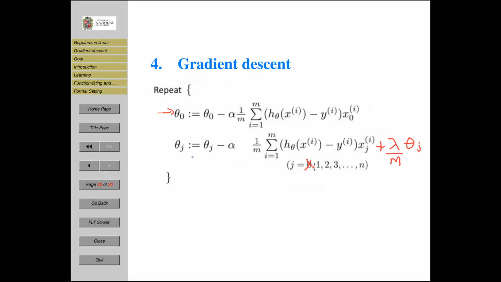Once again, this looks identical to what we had for linear regression, but of course it's not the same algorithm, because now the hypothesis is different. In this case, h of theta of x is equal to 1 over 1 plus e to the minus theta transpose times x.